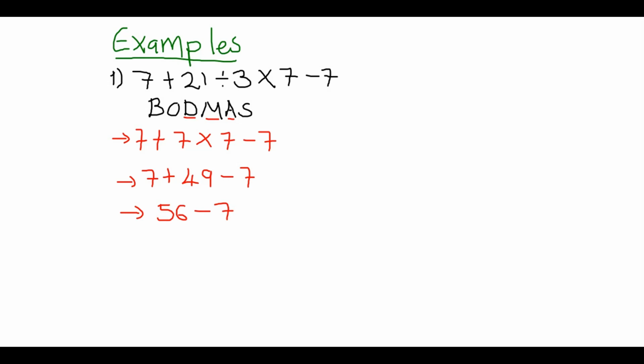So we can see the way we are moving, we're following BODMAS. And then the last one is subtraction. That's the last step. 56 take away 7 will give us 49. That's the final answer for that one. So we have followed the word BODMAS.